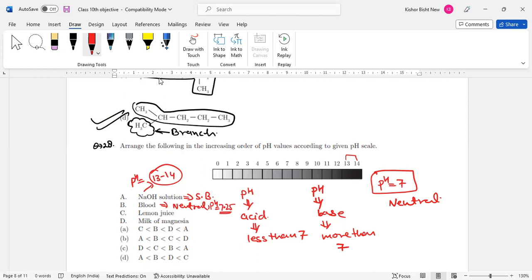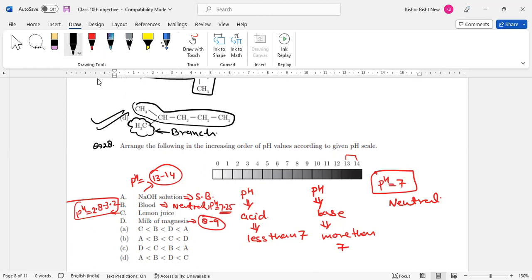Lemon juice is an acid. It is acidic in nature, and the pH range, if you remember, is 2.8 to 3.2. This is the pH range of lemon juice. Milk of magnesia is slightly basic, 8 to 9. So which one has the maximum?